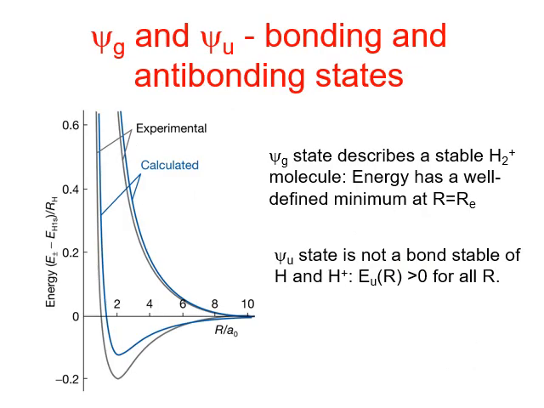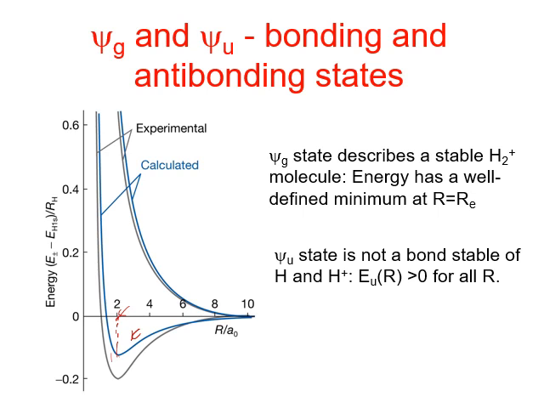Here is a comparison of the calculated energy of the molecular orbitals and the experimental data. You can see the calculated energy for the gerade or the bonding molecular orbital has a minimum energy at a distance here, and that indicates that at this distance the molecule is stable, or this distance is the equilibrium bond length.